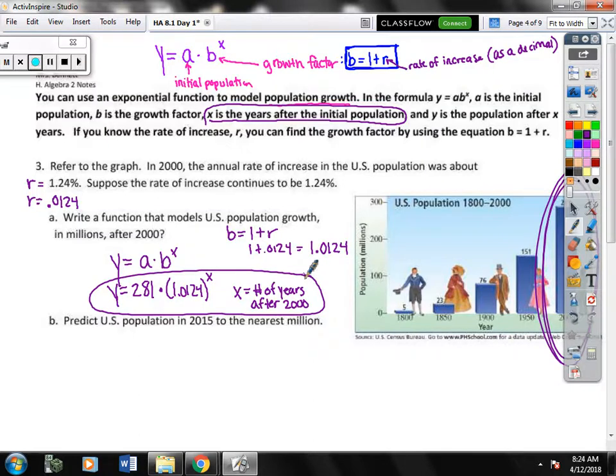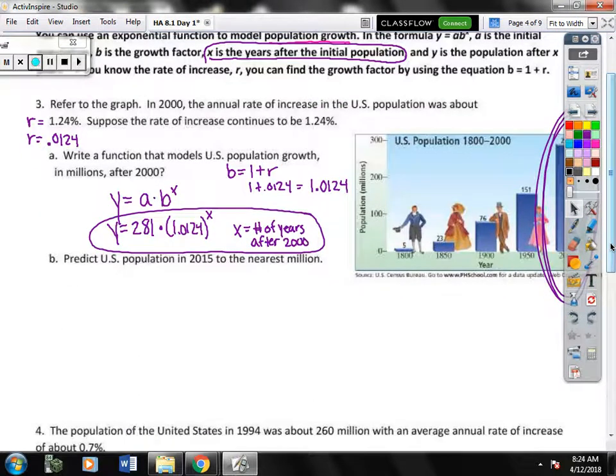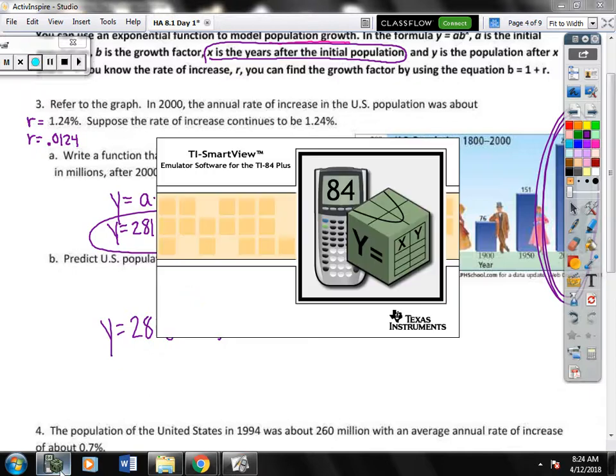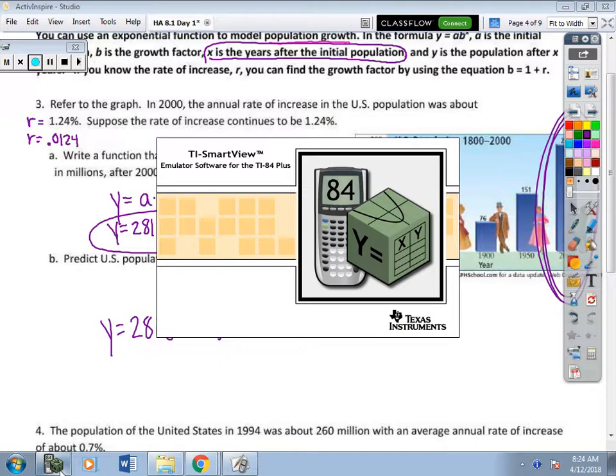Part B asks us to predict the U.S. population in the year 2015 to the nearest million. So 2015 would be 15 years after the year 2000. So we're just going to plug in 15 for x into our function. We will use our calculator for this. You'll just use your caret button to get your exponent of 15.